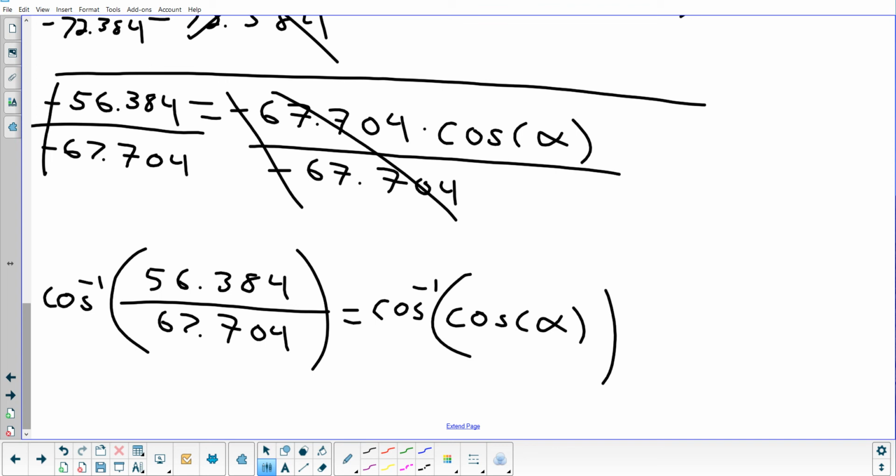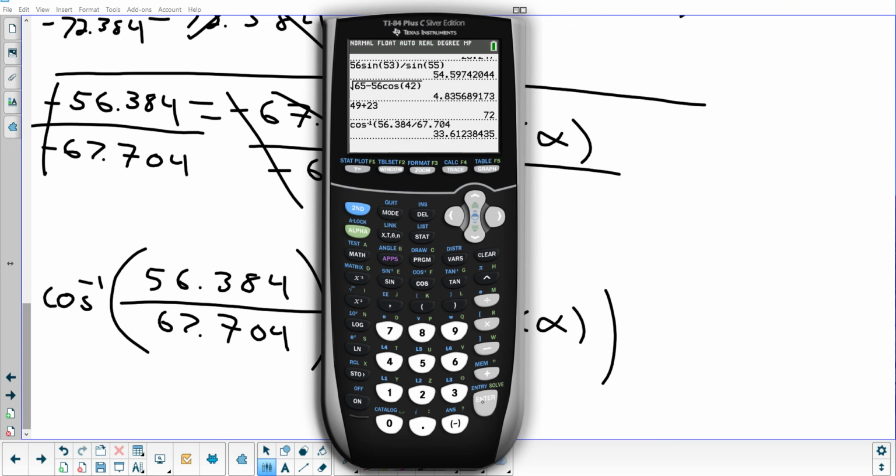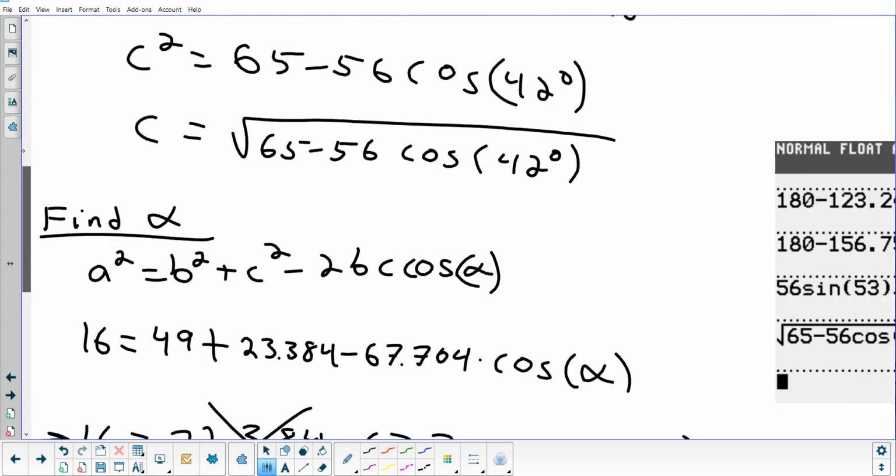And when we do it on the right, regular cosine and inverse cosine cancel each other out. Let's see what that is. So inverse cosine of 56.384 divided by 67.704. That gives me an angle of 33.612. And that's alpha.